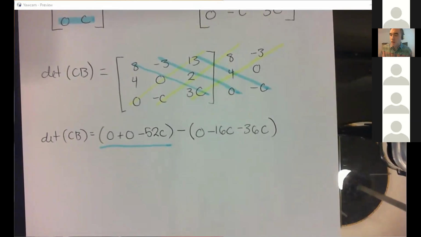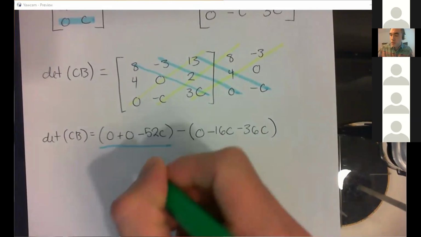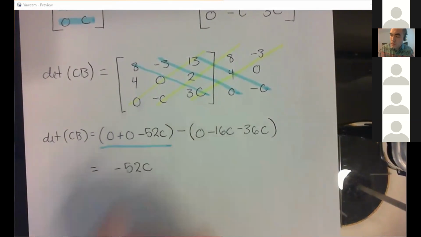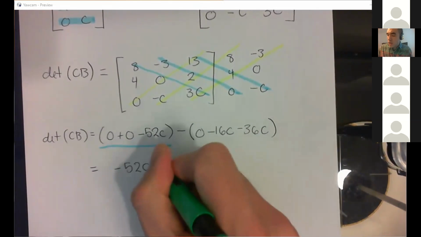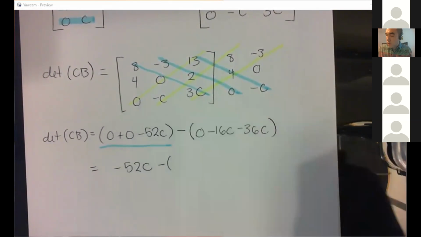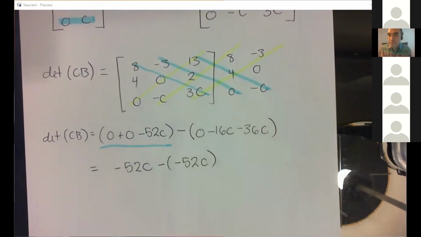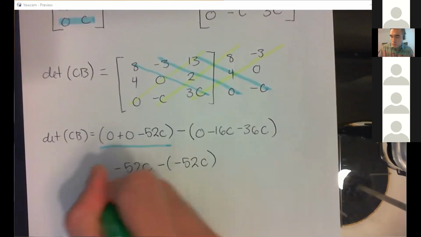Okay. So now we'll do these two, right? It's going to be 16 and 36 for 52. So this is going to be equal to -52c minus -52c, or plus 52c. So it just becomes 0.